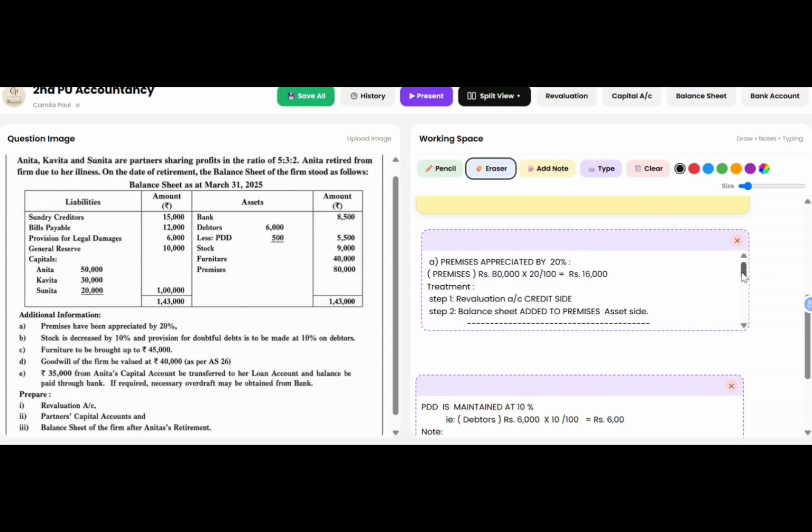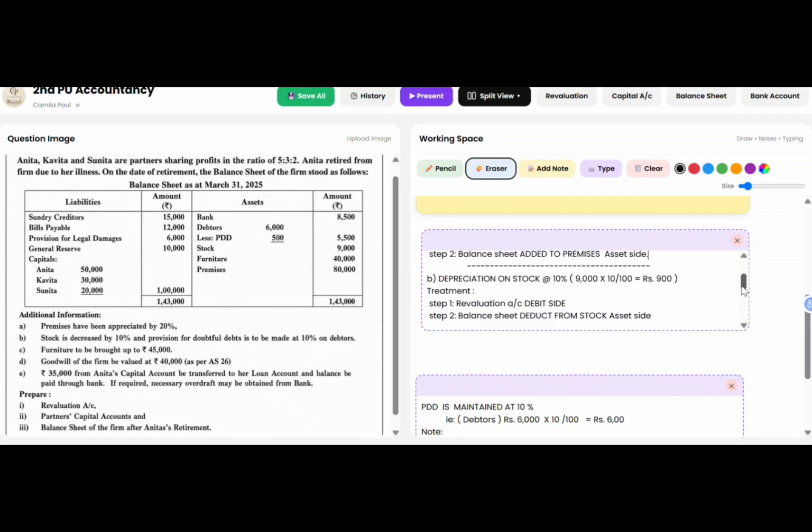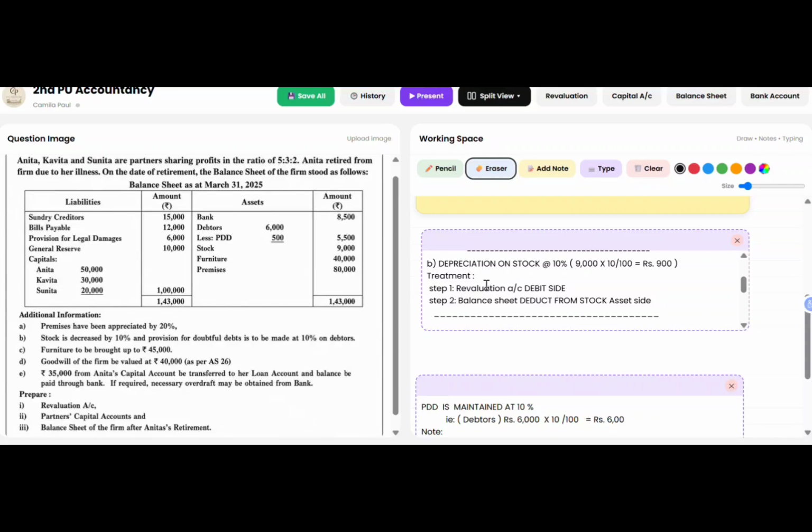The second adjustment says that stock is decreased by 10%. So stock is an asset, and when an asset is decreased, it is a decrease in the asset. Therefore here there is depreciation on stock at 10%. We have to calculate depreciation on stock, which is given in the balance sheet as 9,000.